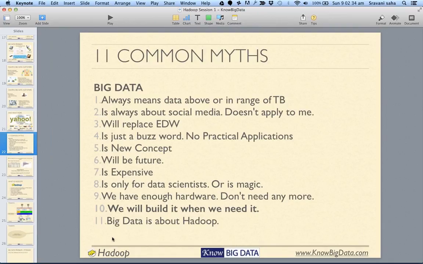It is only for data scientists. It doesn't apply to me. Or it is magic. No. Data scientists across the globe are doing a great job when it comes to machine learning, AI, and statistics. They're doing a brilliant job of providing algorithms.